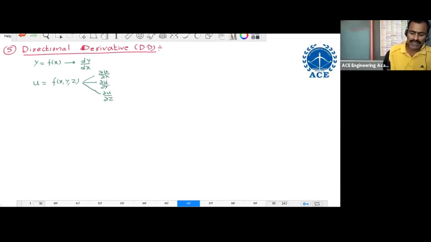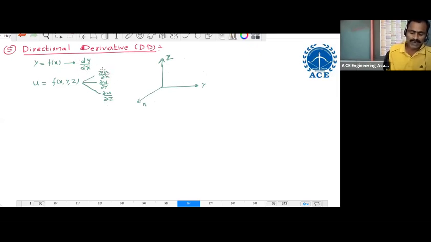Dou u by dou y gives change in u corresponding to change in y. Dou u by dou z is change in u corresponding to change in z only. Dy by dx is an ordinary derivative, and these derivatives are partial derivatives.